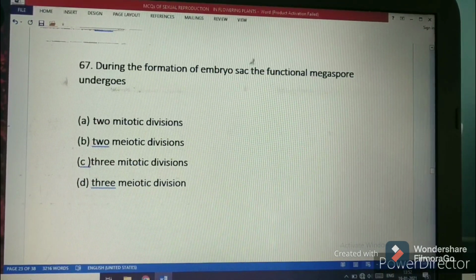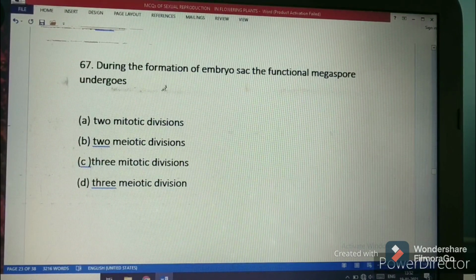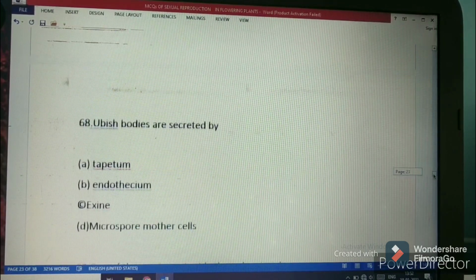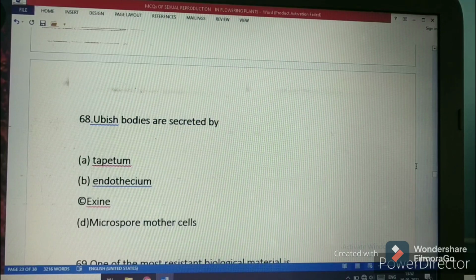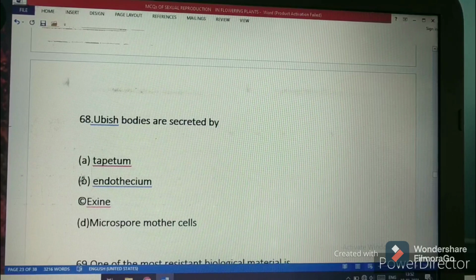During the formation of embryo sac, the functional megaspore undergoes 3 mitotic divisions. Ubisch bodies are secreted by tapetum.